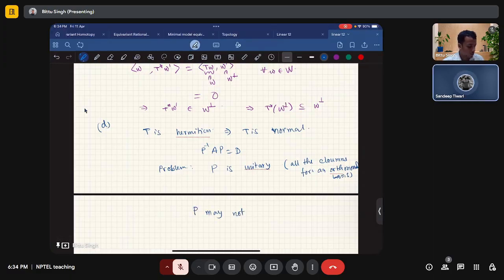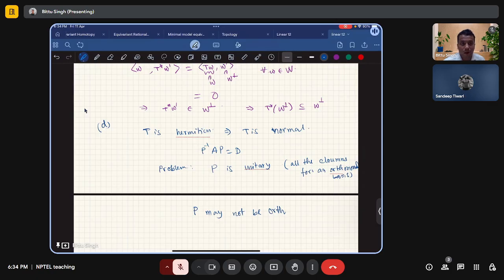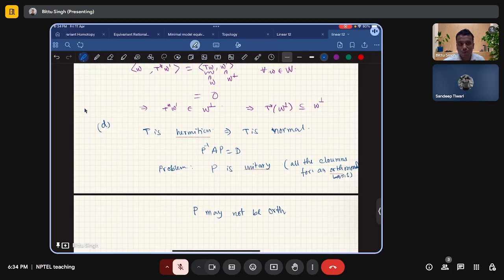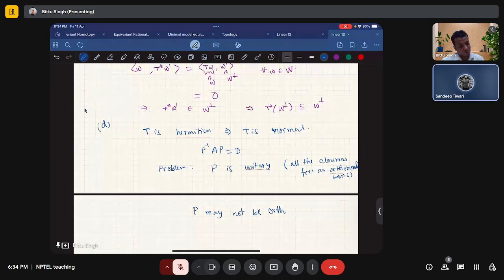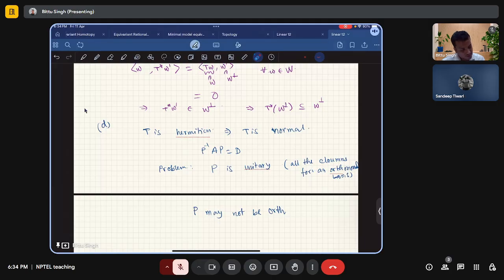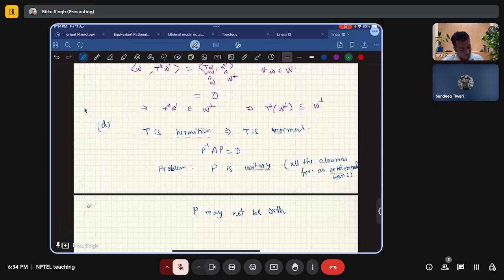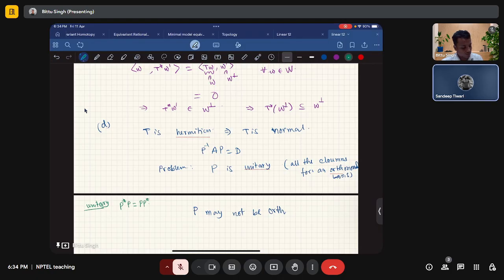What is the meaning of an orthogonal matrix? There are two definitions. A unitary matrix means P star P equals PP star equals the identity.